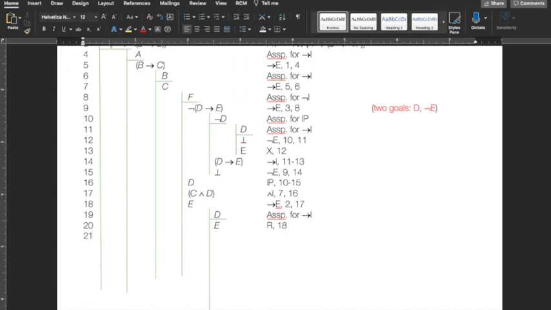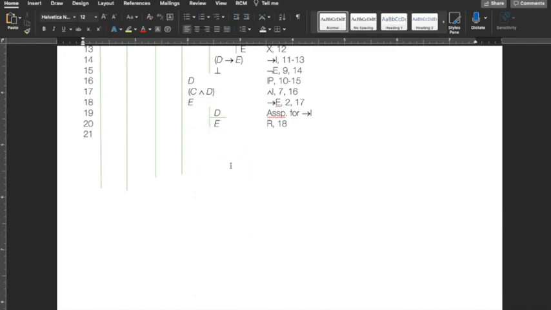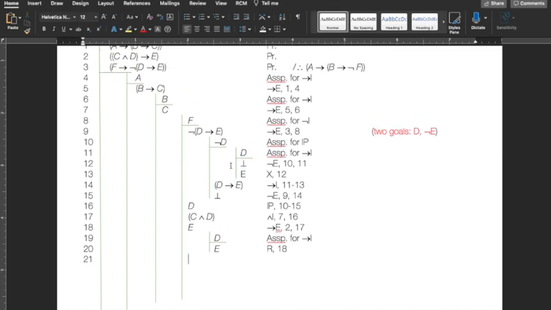And that allows me to get a conditional proof of if D then E. Just have to say that this closes up this short little conditional proof. So I get if D then E. And that's from conditional introduction, lines 19 to 20.